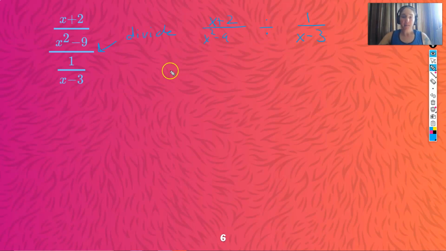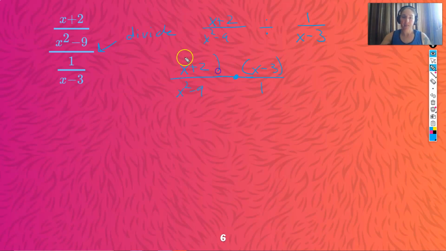Since we're dividing, first thing we got to do, let's get rid of our division. Dividing by a fraction is the same thing as multiplying by its reciprocal. In other words, flip it over, and now we're going to multiply it. Okay, and now, since we're multiplying, we have basically one big fraction bar.